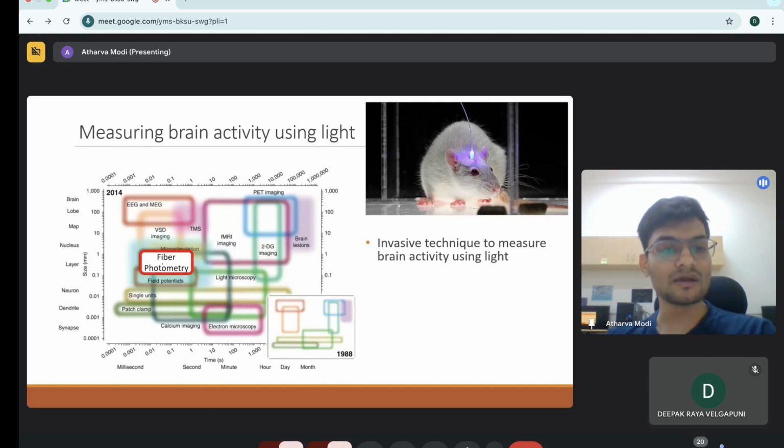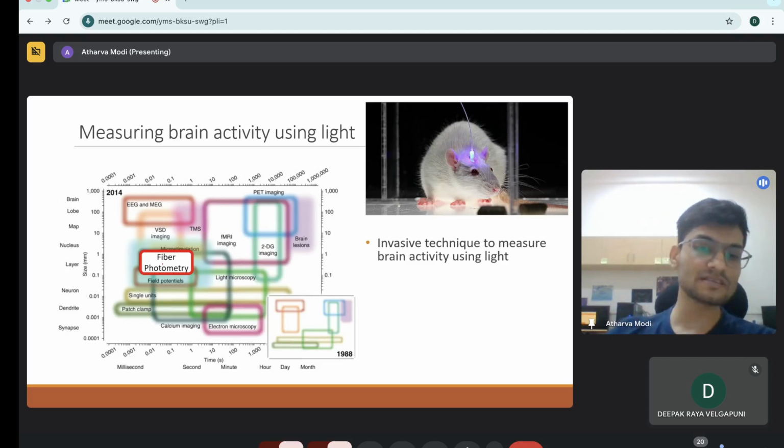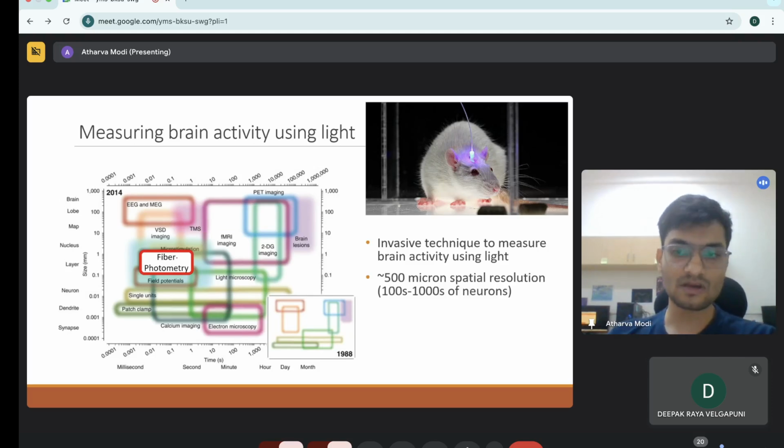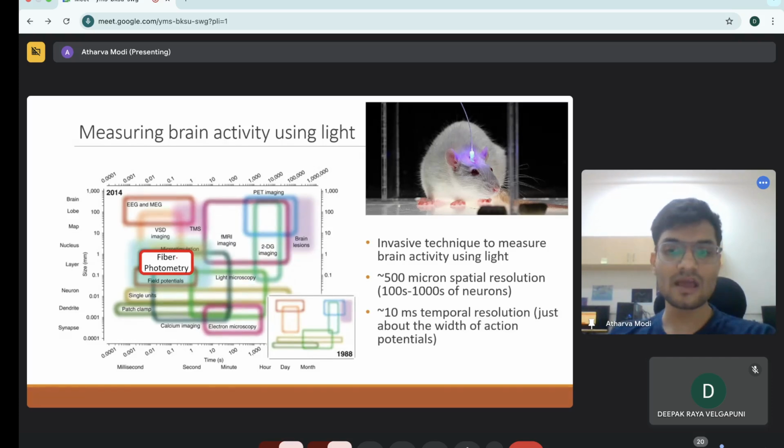Invasive means we have to go inside the brain, and the spatial and temporal scale fall somewhere here, around 500 micron spatial resolution, which includes hundreds to thousands of neurons. So it's a bulk activity measurement, and the temporal resolution is around 10 milliseconds. So that's like a few action potentials.